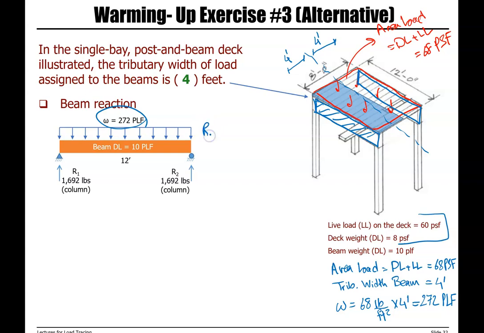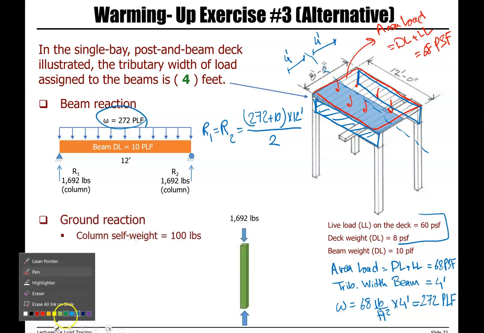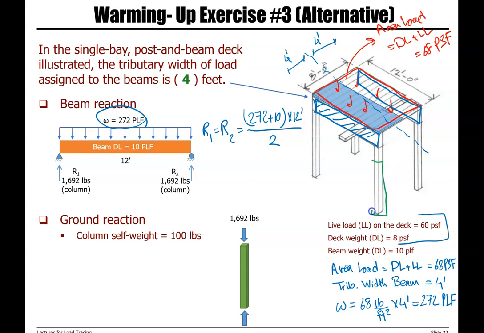We have a simply supported beam, symmetric, so the reactions are 272 plus 10 times total length divided by 2. And now we can look at the columns supporting the beams.